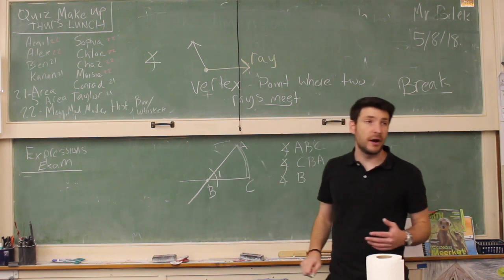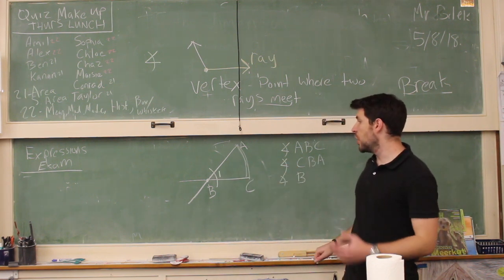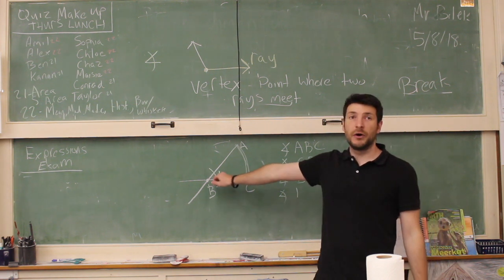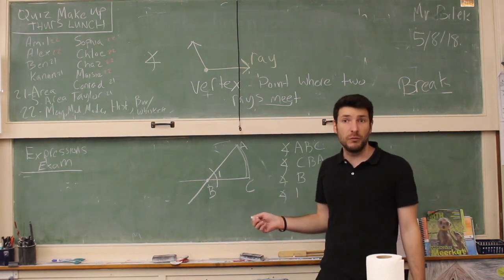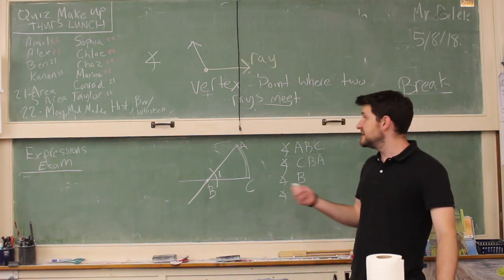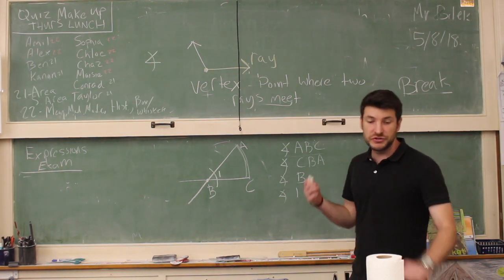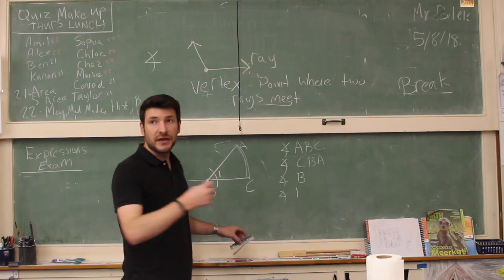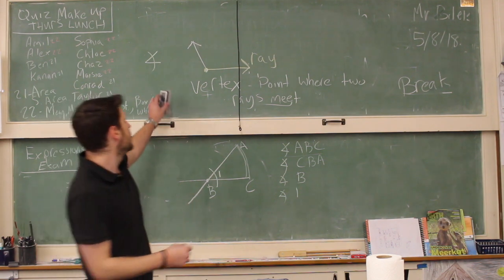So we can also call this guy angle 1 if they have a number where the measurement should go. Now that we've covered the 4 different ways to name an angle, I want to do 2 more words that describe how we look at these angles on this display.